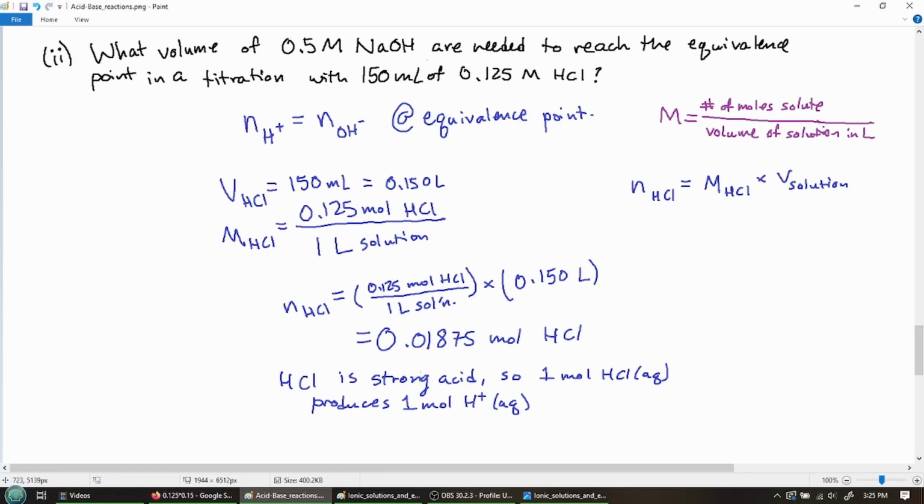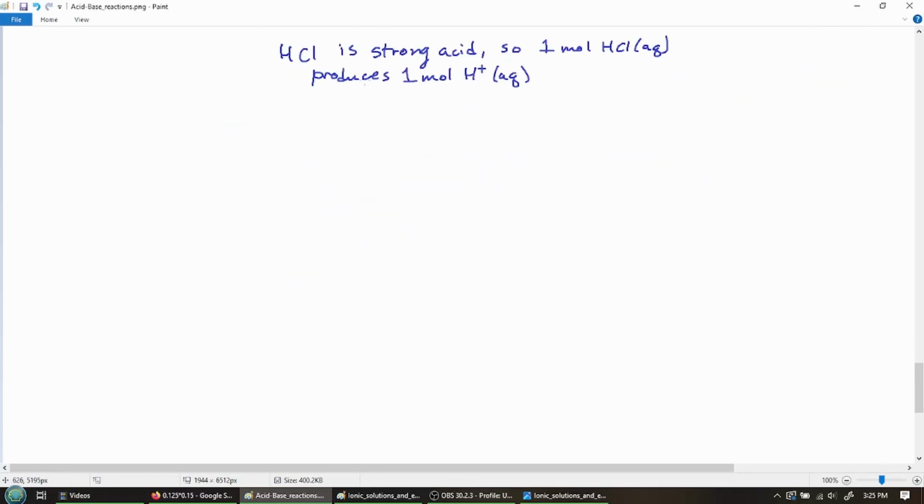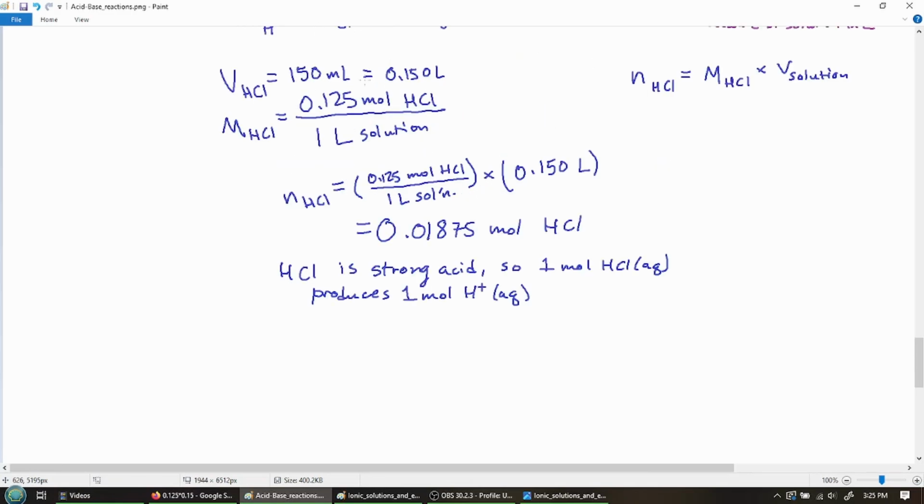So that means hopefully we can see from that that the number of moles of H+ is going to be equal to the number of moles of HCl. So that's going to be equal to 0.01875 moles.